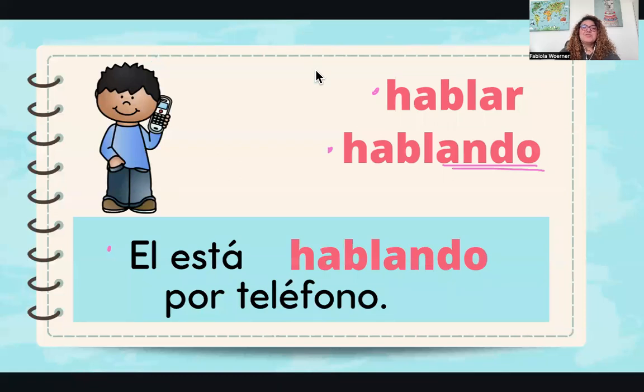Good job. So on your sheet, you'll see that you have the same sentence as here on the screen. So you can write down S for subject. You can write a V for the verb. Circle the ending ando here. And that way it will give you a visual on what is happening to the sentence.